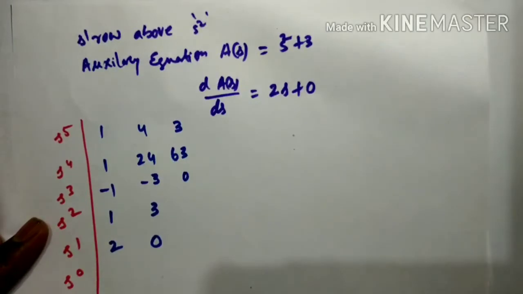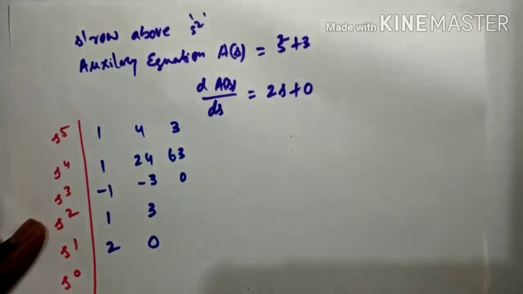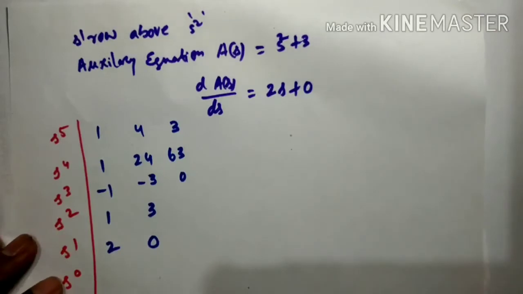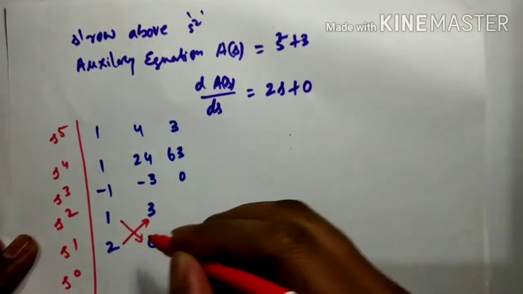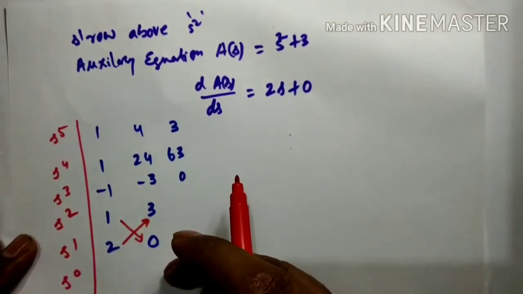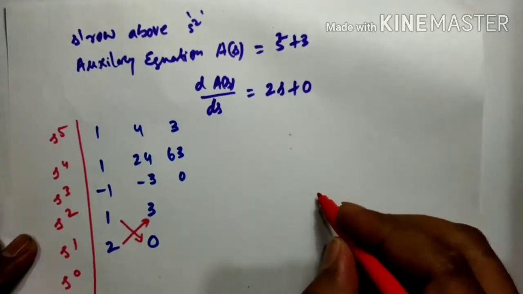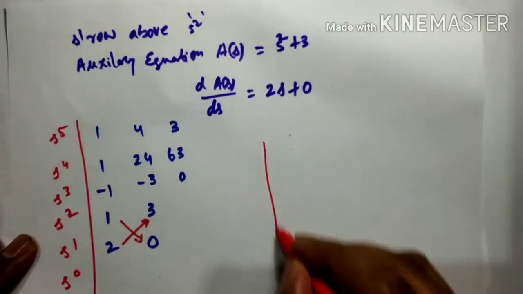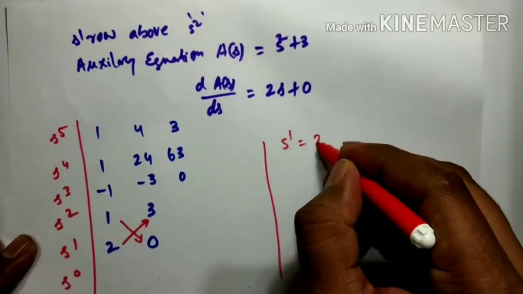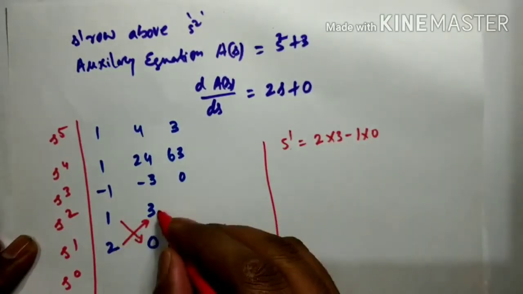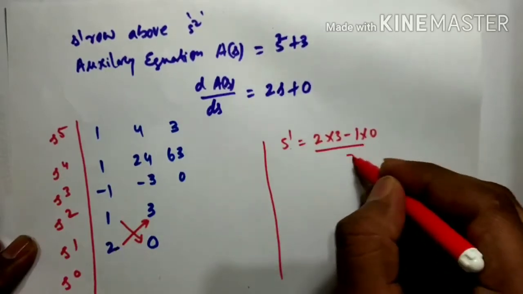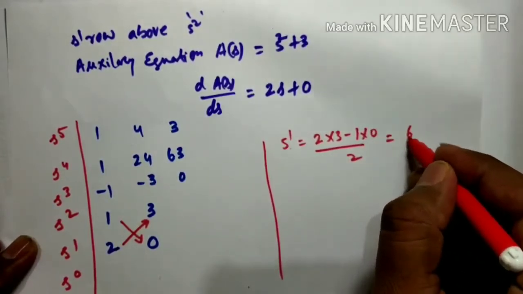Then we can continue with the Routh array formulation. So how can you do it? 2 into 3 minus 1 into 0, by 2. How much will you get? 6 by 2.